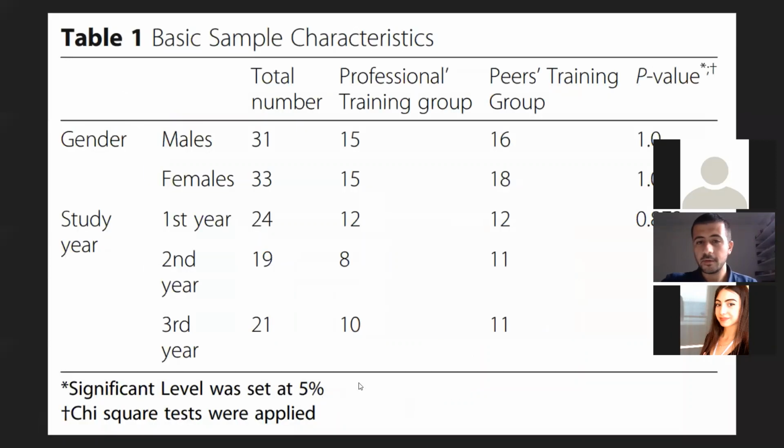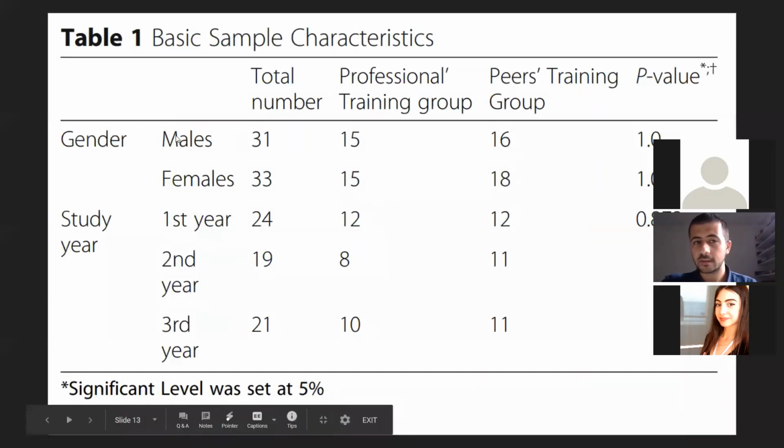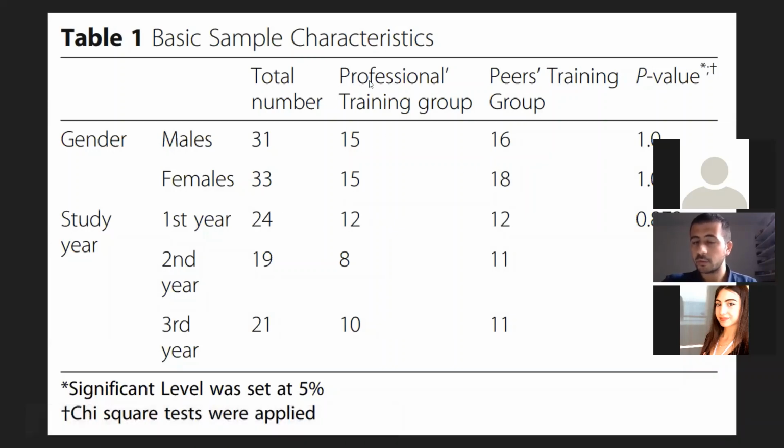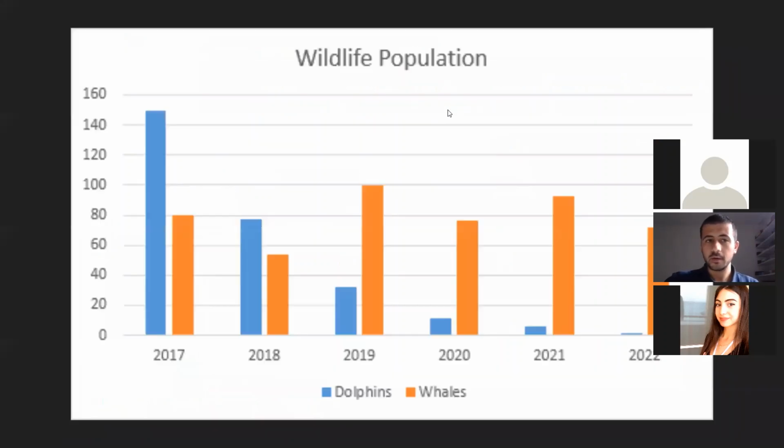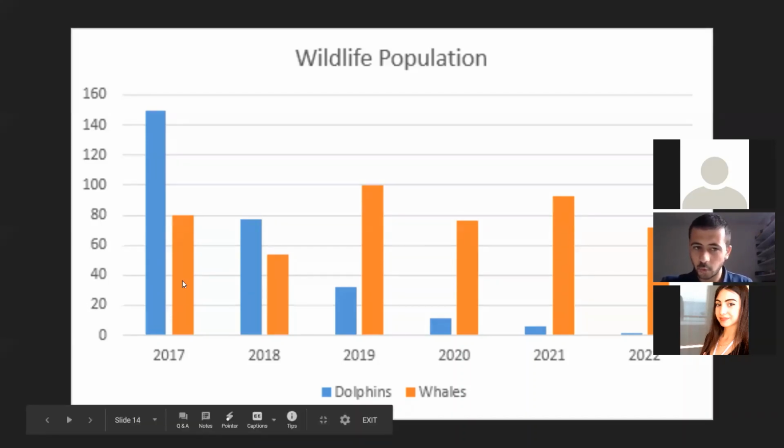Here we have one variable that has males or females, and how many of them are in the professional training group and how many in the peer training group. Here we have that number, but maybe who swim and who doesn't swim, maybe like this. So I have one variable here and one variable here, but this variable here has two options.